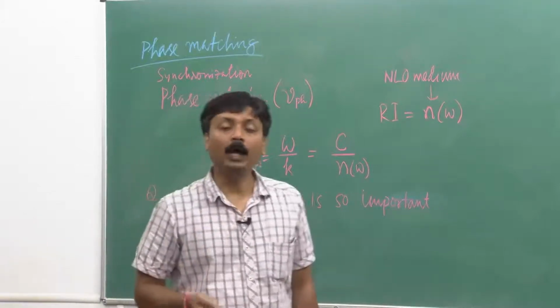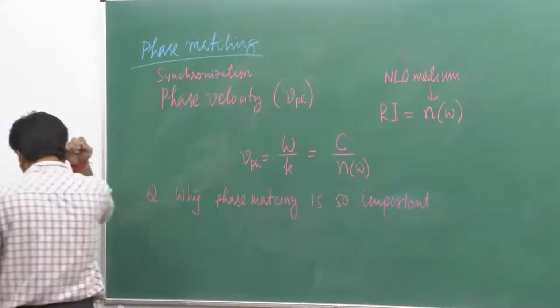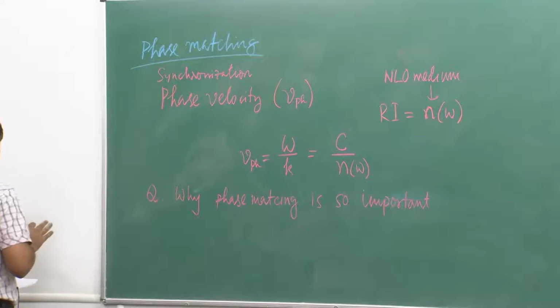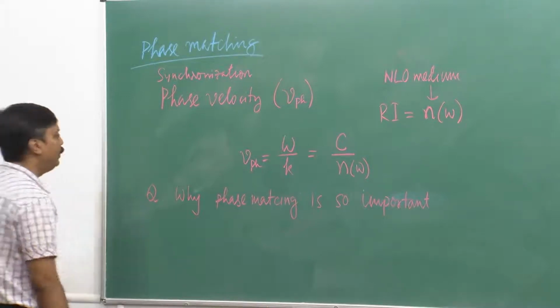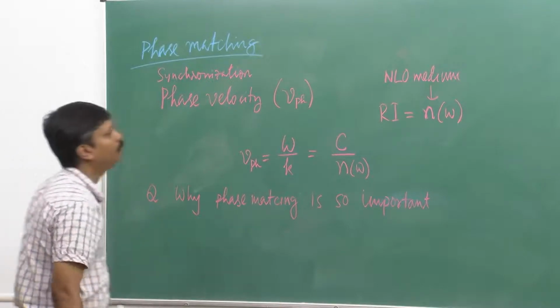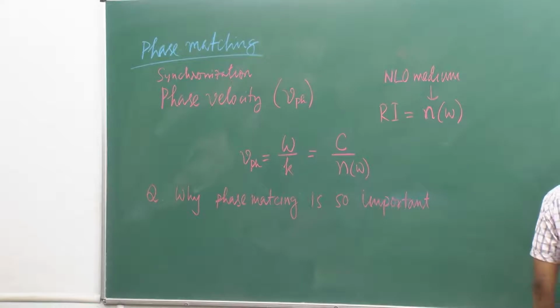So, why is it so important to get this phase matching? To answer that, we will consider a fundamental wave having a frequency omega 1 and a wave vector k1.